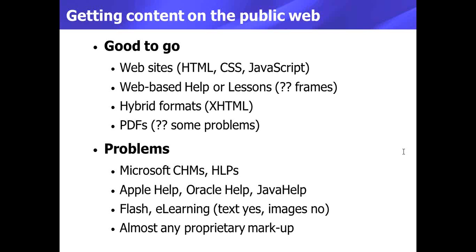You might want to check to make sure that's happening by Googling some of the information that's in those PDFs. Where you run into problems is anytime you're looking at proprietary file formats or markup, so some of the things I have listed here can be a problem.